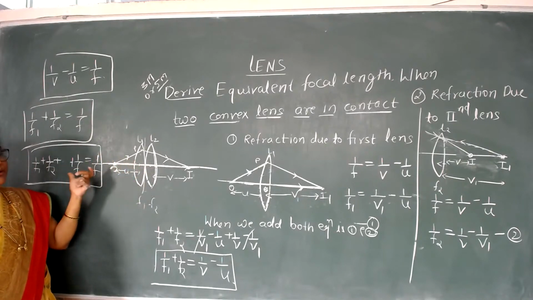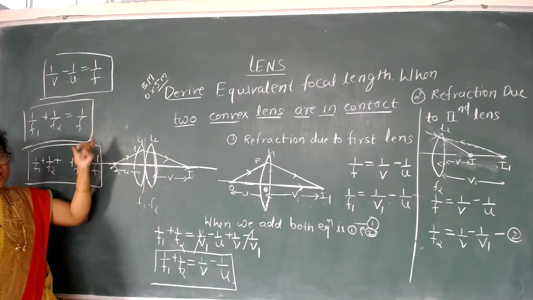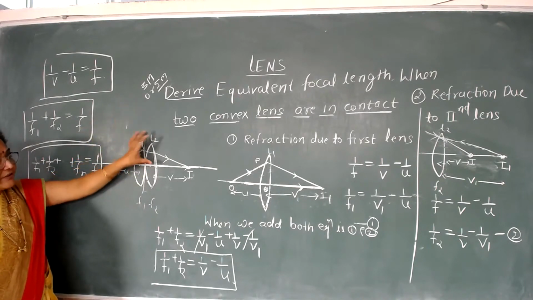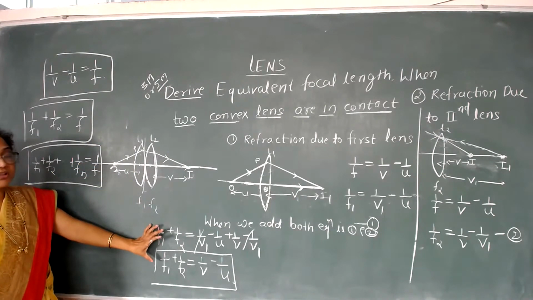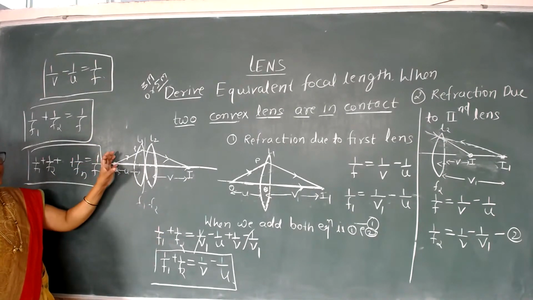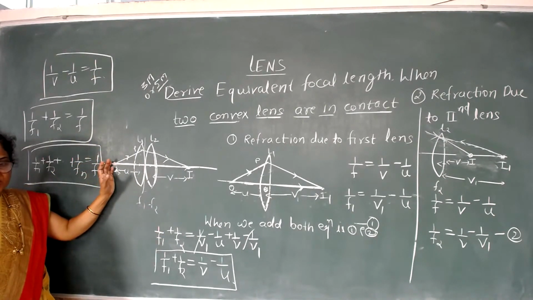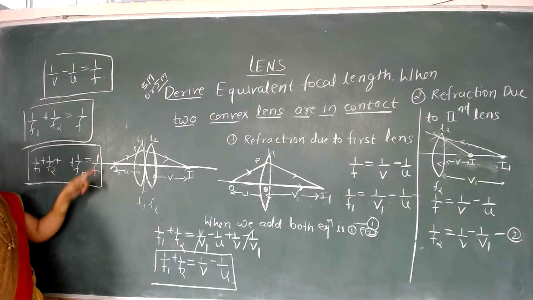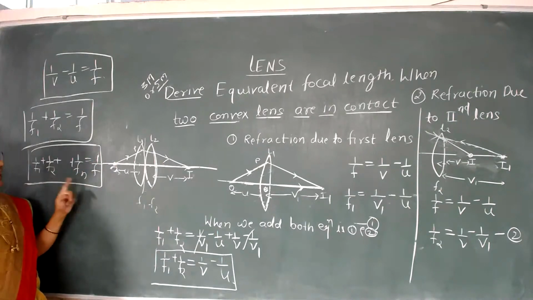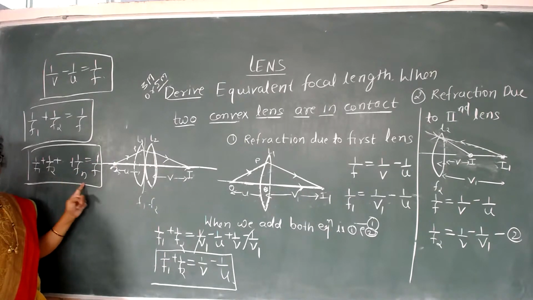So this is a very important formula, or this is a very important derivation for you. This is a very important formula to solve the NEET questions or to solve the numericals, famous numericals. Here, there is another important form. In the last class, we discussed the power.